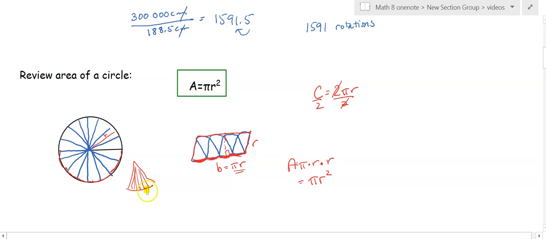So as it approaches infinity, it does become a line. Okay, so that is the area of a circle based on the shape of a parallelogram, and based on the fact that we're cutting this up into infinitely small pieces, making it resemble a parallelogram.